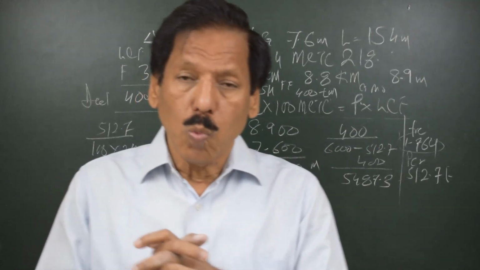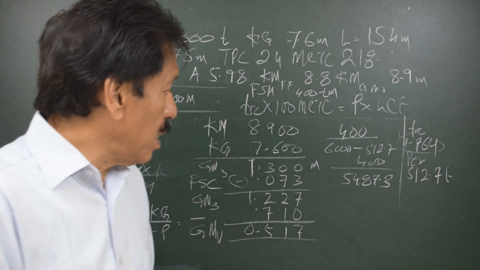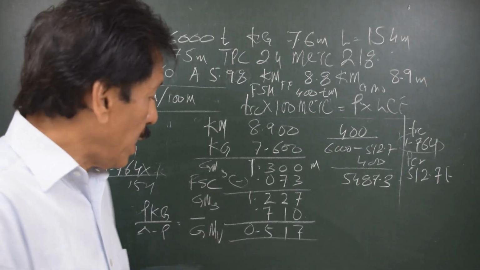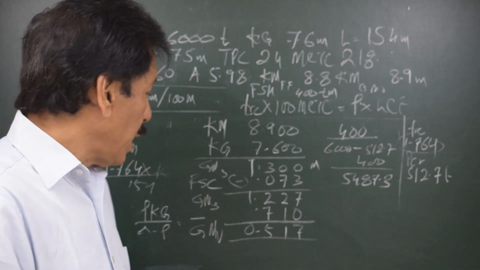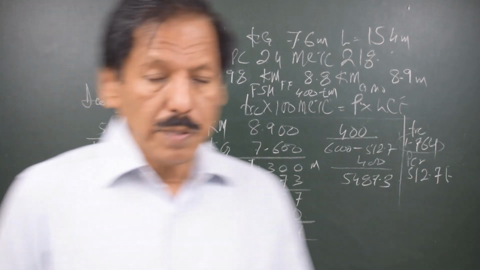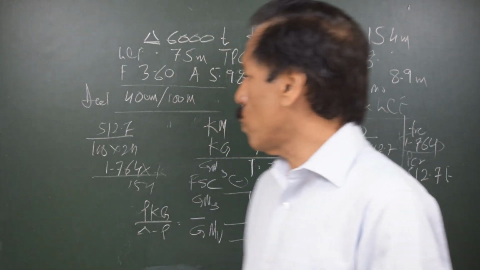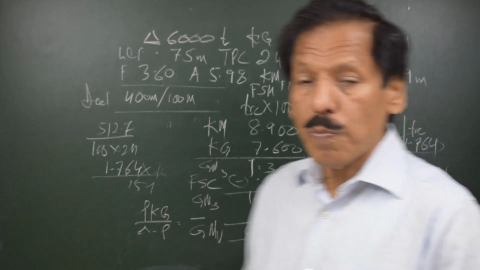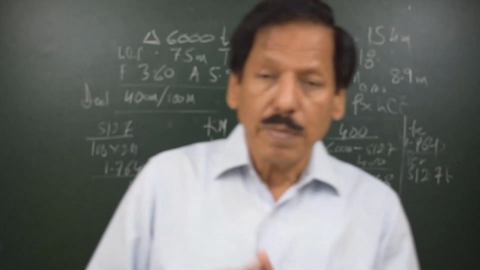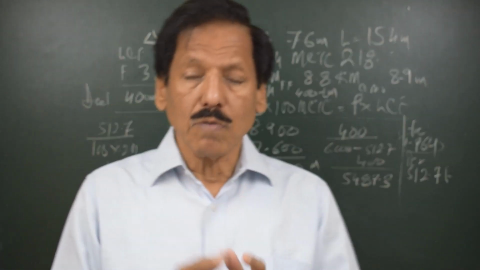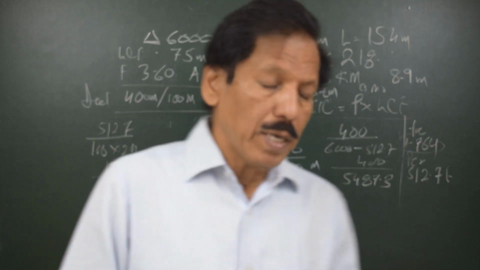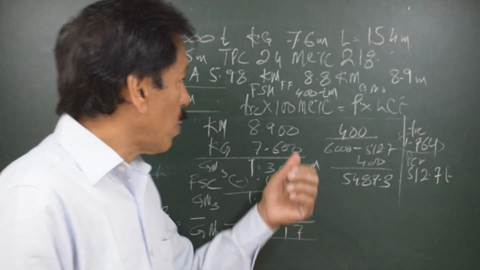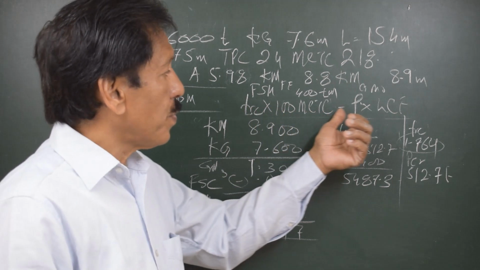But one thing which a candidate, a chief officer, must remember is that, as you have seen in this formula, the virtual loss of GM due to dry docking is P KG upon delta minus P. Now P KG upon delta minus P means that virtual loss of GM is directly proportional to P. And look at this formula, trim change.